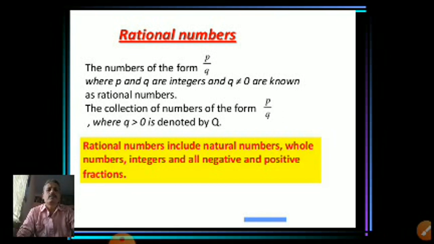The collection of numbers of the form p upon q, where q is greater than 0, is denoted by Q. Natural numbers, whole numbers, and integers, as rational numbers, are known as Q. Rational numbers include natural numbers, whole numbers, integers and negative and positive fractions also.